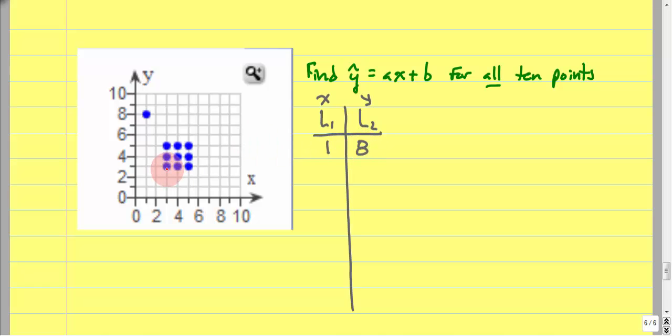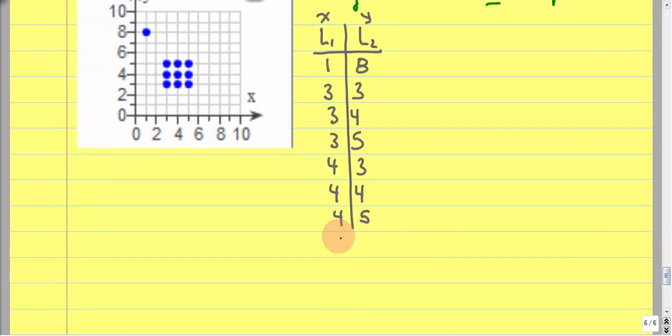This point would be the ordered pair 3, 3. This point would be 3, 4. This point would be 3, 5. And then we have the same thing for 4, 3, 4, 4, and 4, 5. And then the same thing for 5, 3, 5, 4, 5, 5.